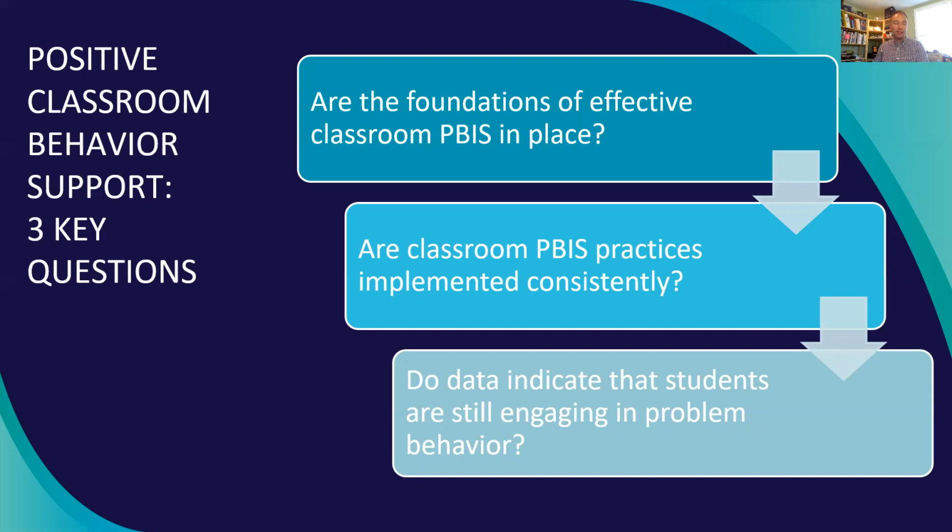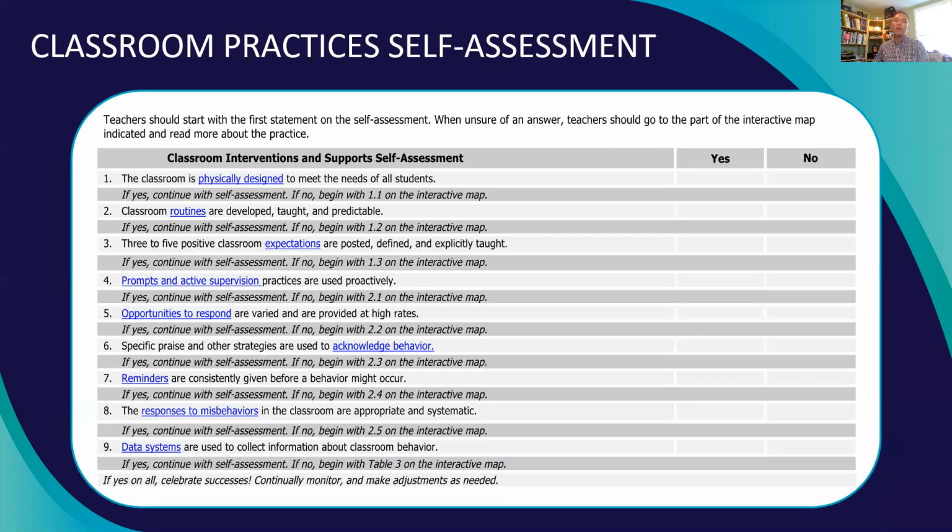In order to answer those questions, you may need to take a step back and figure out how you might answer those questions using data, such as through walkthroughs, surveys, and student behavioral data. The Supporting and Responding to Behavior Guide provides a tool for gathering such data. Teachers indicate whether they have 9 specific evidence-based classroom practices in place or not.